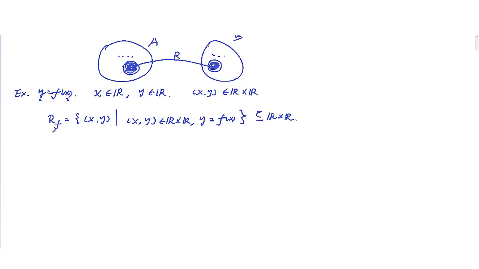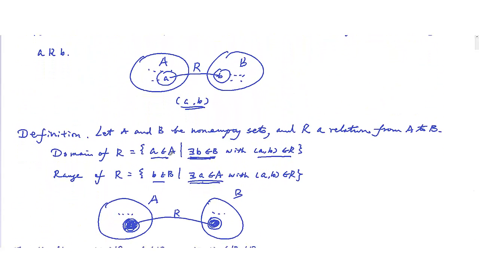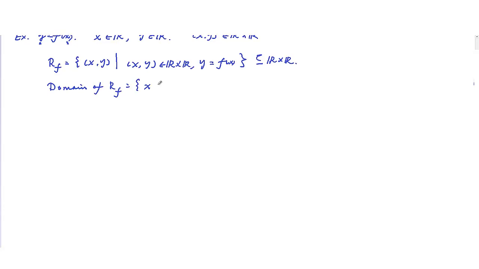When we look at the domain of this relation defined by the function, you follow the domain of the relation we defined: A is in A, but there is a B in B. So in our case, there will be all x, these are real numbers, and then there is a y in the real number set such that y equals f of x.